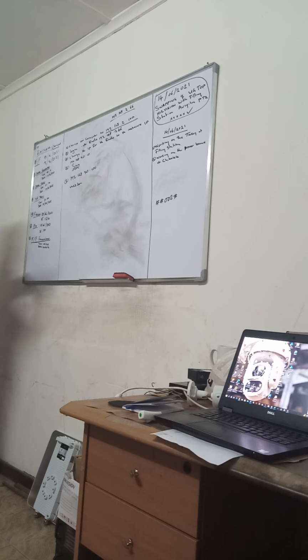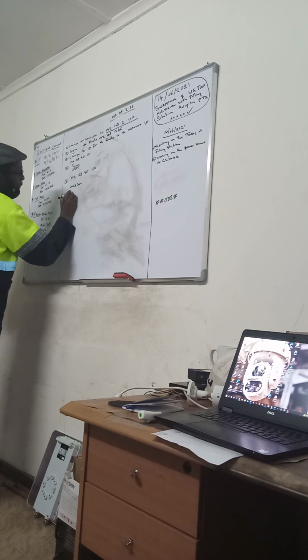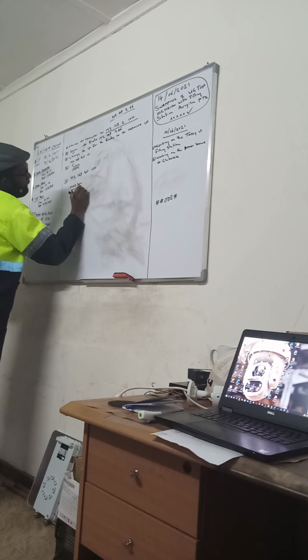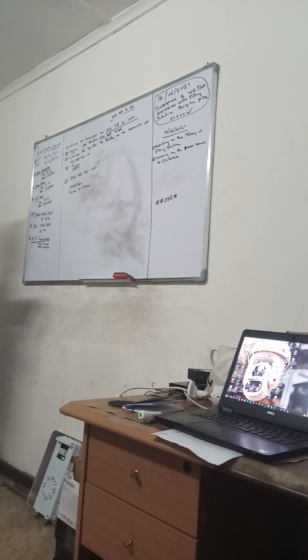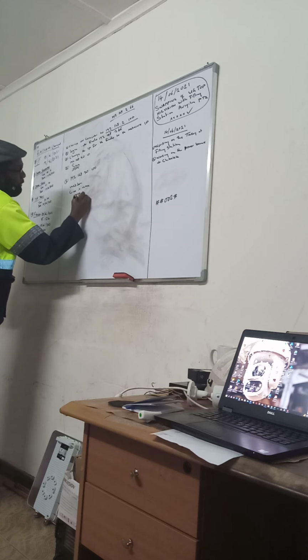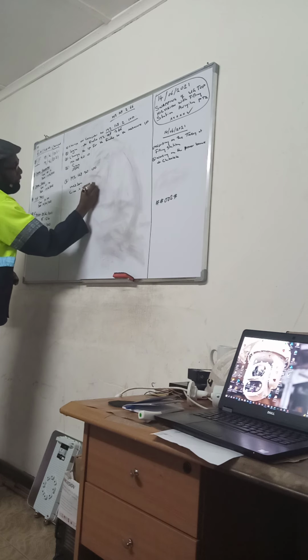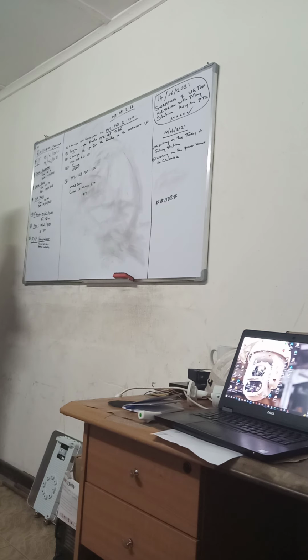Just go master, then give it a name, for example, it's in Chingola. You give it Chingola. The next radio on the other tower in Kitwe, you're going to give it Kitwe, so that they see each other.